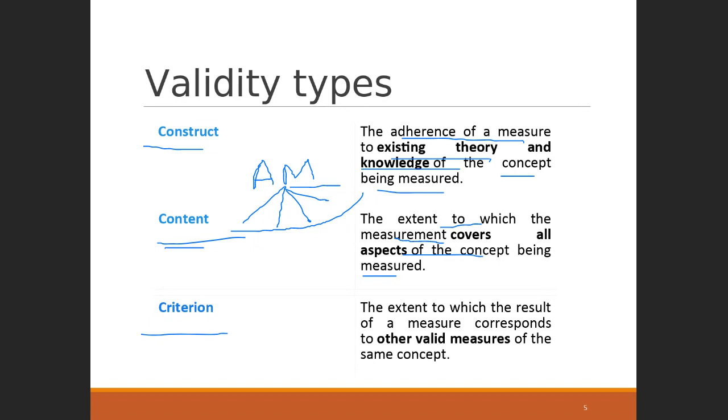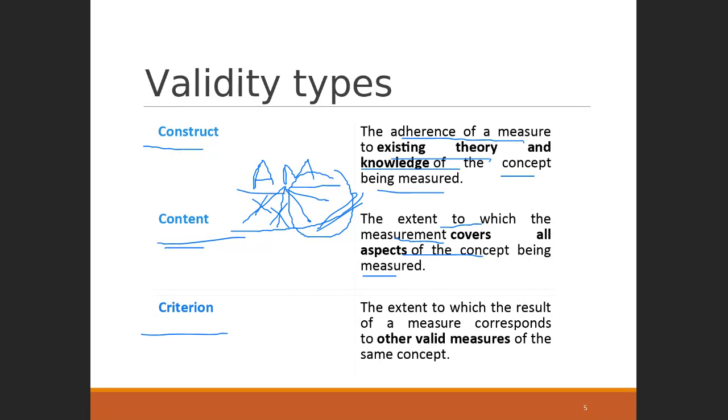For instance, if achievement motivation has only three dimensions, and there are other dimensions which are not covered in our research instrument, then we can say that the concept of achievement motivation is not fully operationalized, because there are certain aspects of achievement motivation which have not been operationalized, which have not been defined in your questionnaire. So it means that the questionnaire lacks content validity.